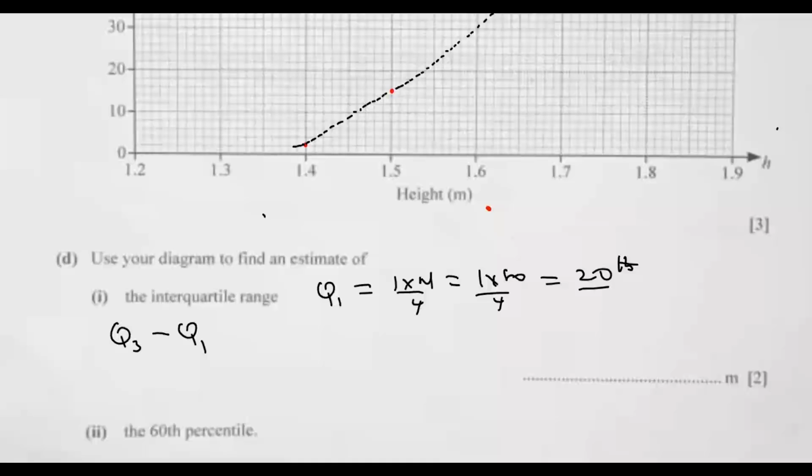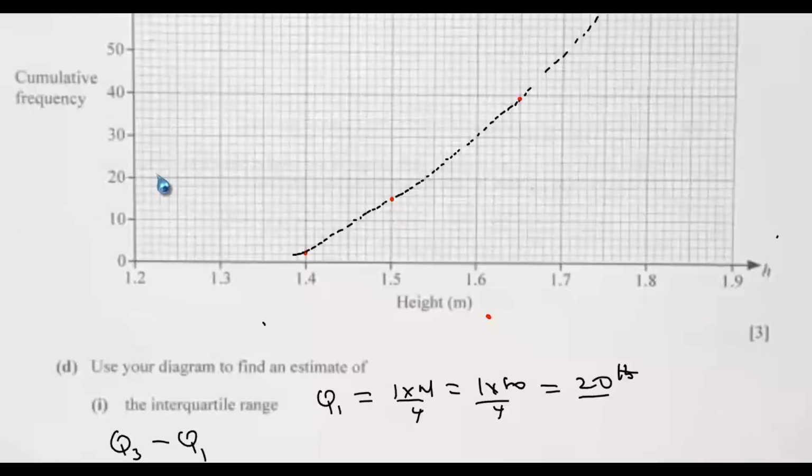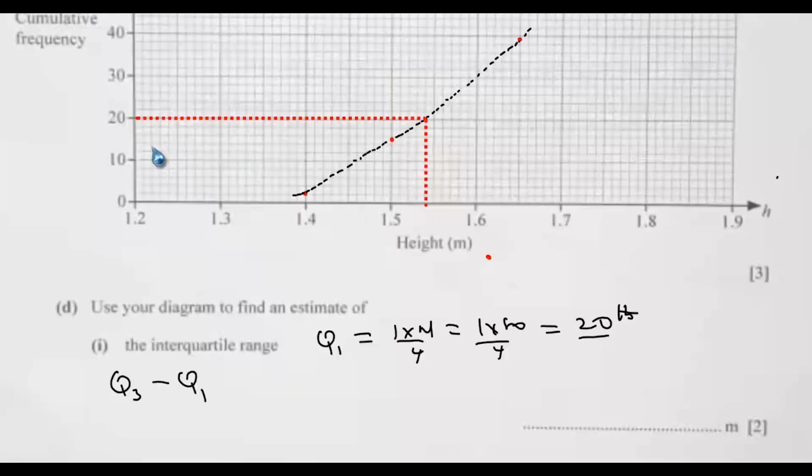So let's go to where we have 20. It is this place here. I'll need to trace it to the curve. I have traced the 20th position to the curve here, and I traced it down to the height, and you see that the height is 1.54.